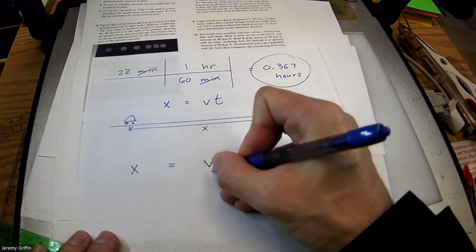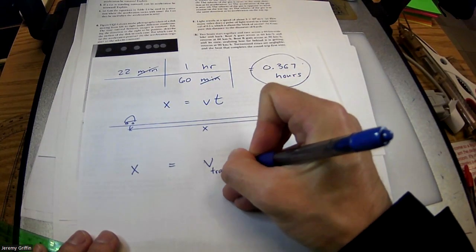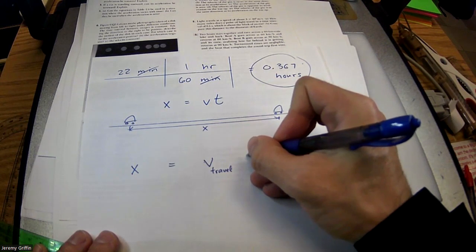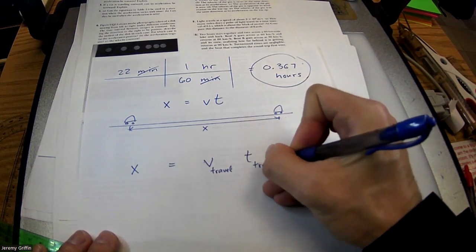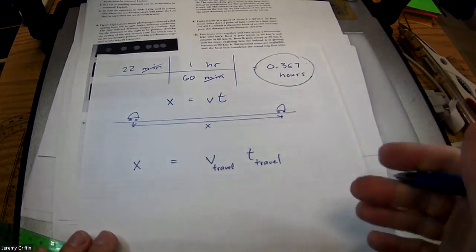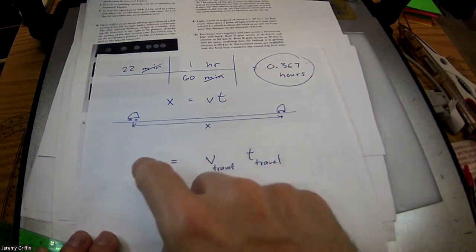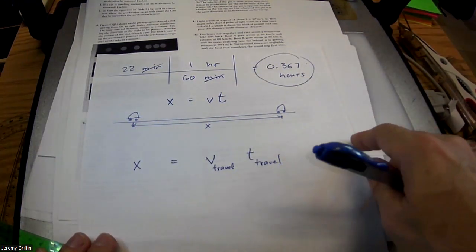Like if you only count the time that you're on the road, travel speed times travel time would give you the whole trip. Right?